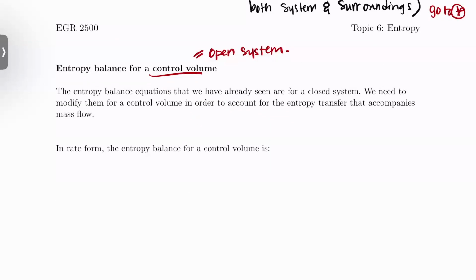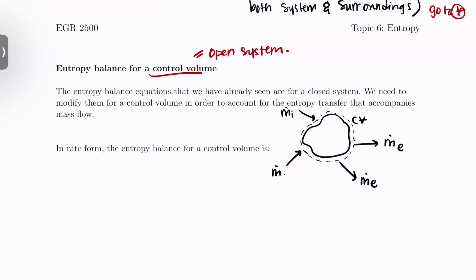All right. So what this looks like is the following. For our control volume, I will write it like this. So this is our control volume. And we could have all sorts of mass flow rates out and in. And we could also have heat transfer.